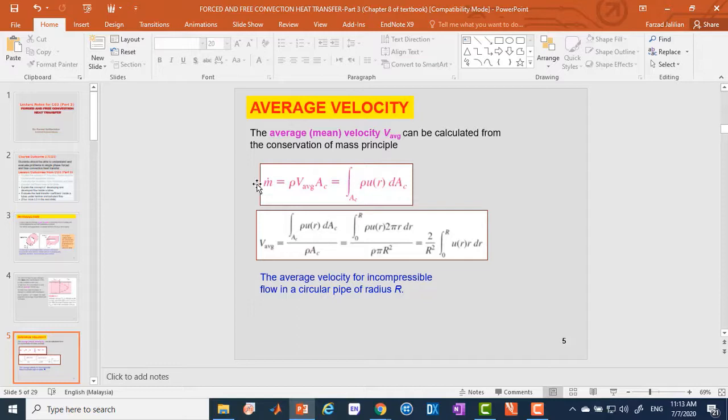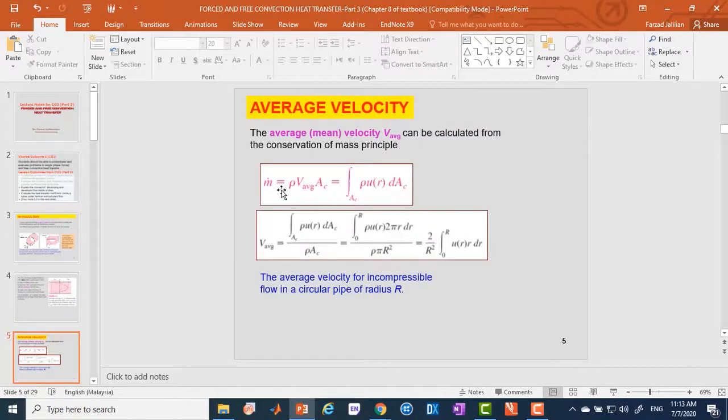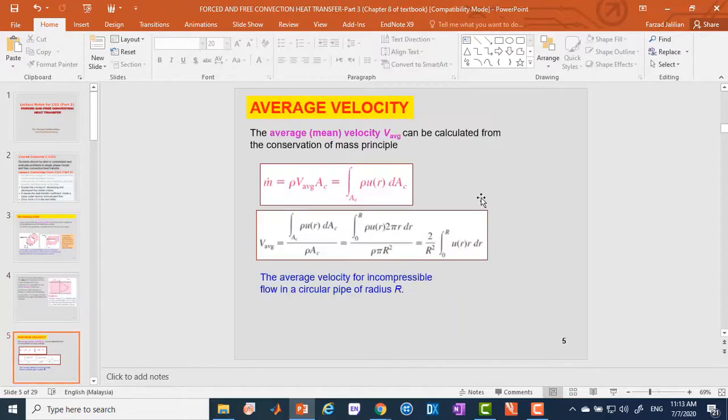So m dot is always constant. M dot for, for example, a cross section of the pipe is equal to rho V average AC. Rho is the density of that fluid, V average is the average velocity, and AC is the area, or the cross section, for the flow.